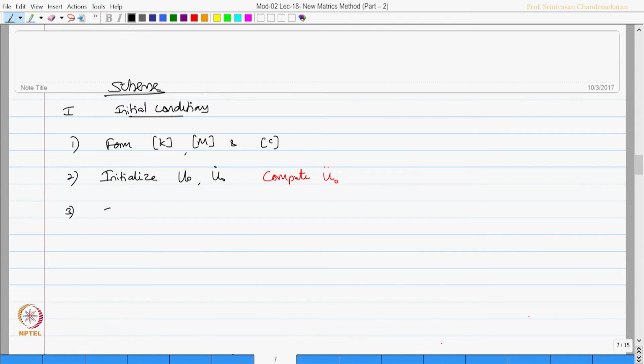Third, select time step delta t and then the parameters alpha and delta for the scheme.